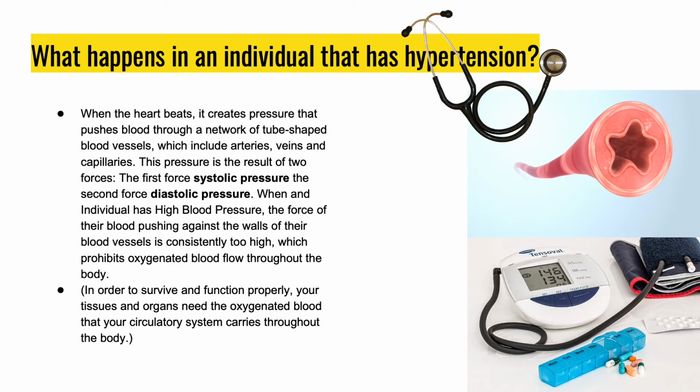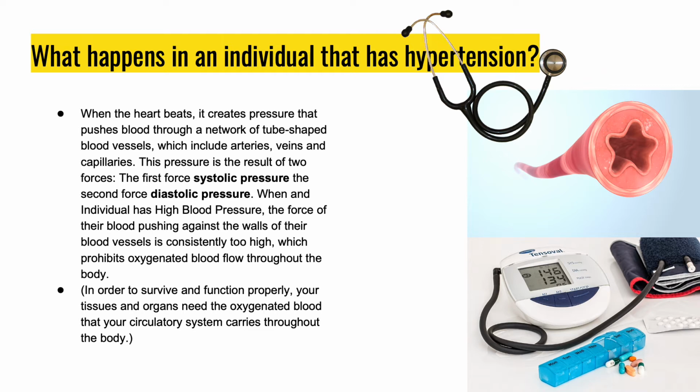This prohibits oxygenated blood from properly flowing throughout the body. If you look at the image in the upper right-hand corner, this shows the constriction of your blood vessels, and it restricts the oxygenated blood being forced throughout the body.